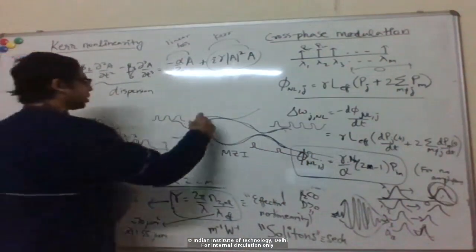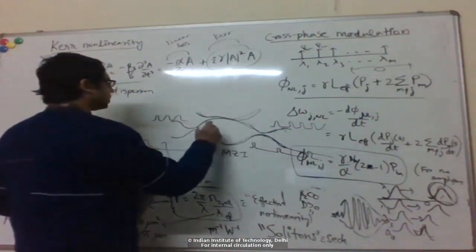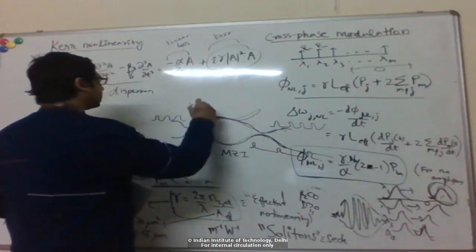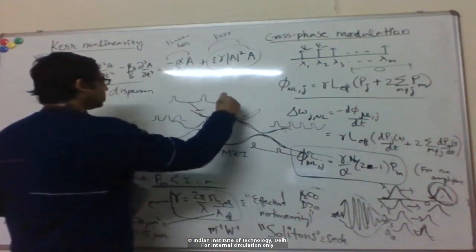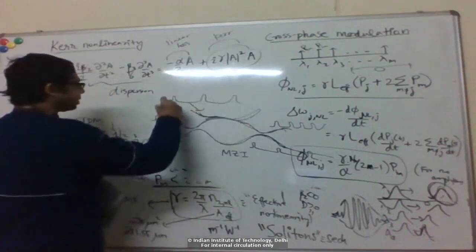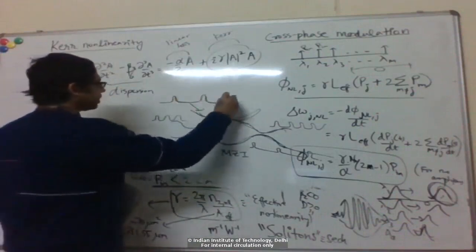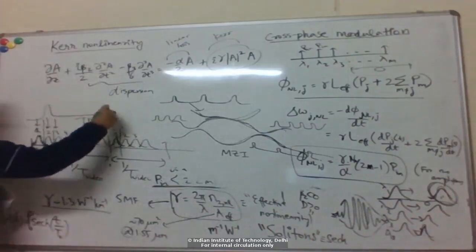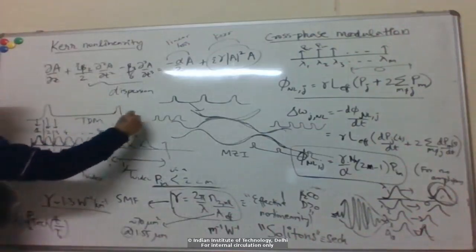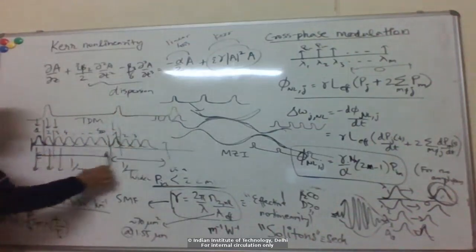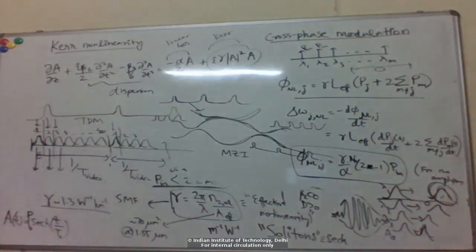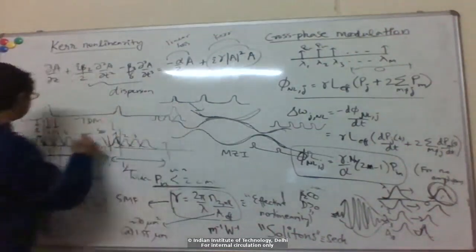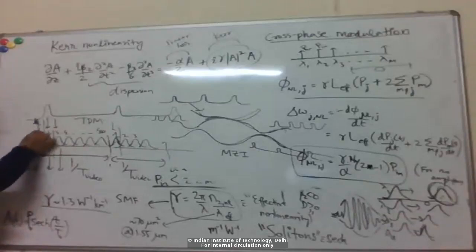Then what you can do is use this cross phase modulation. You have a section of fiber where I send another pulse train, whose repetition rate is the bit rate of the video stream. And I have the delay such that this lines up with whatever particular channel I want.